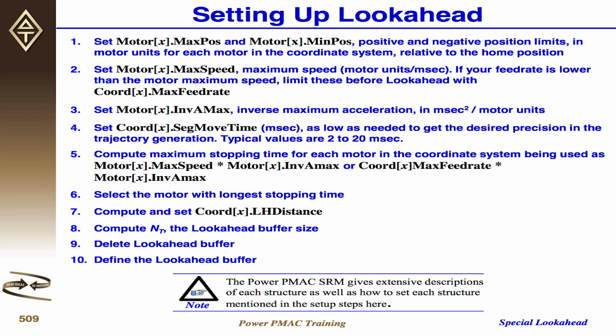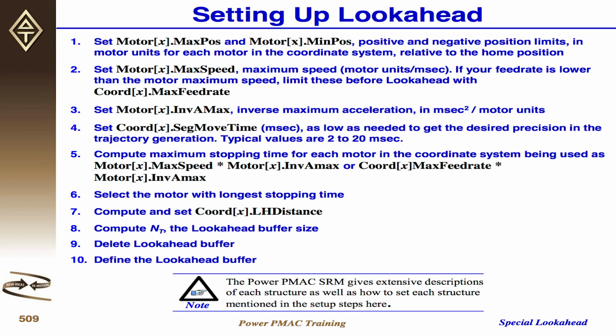But we need to find out first the lookahead buffer size. So we need to calculate that. First, you need to calculate the maximum stopping time for each motor in the coordinate system. That is done by motor x dot max speed times the inverse acceleration limit.